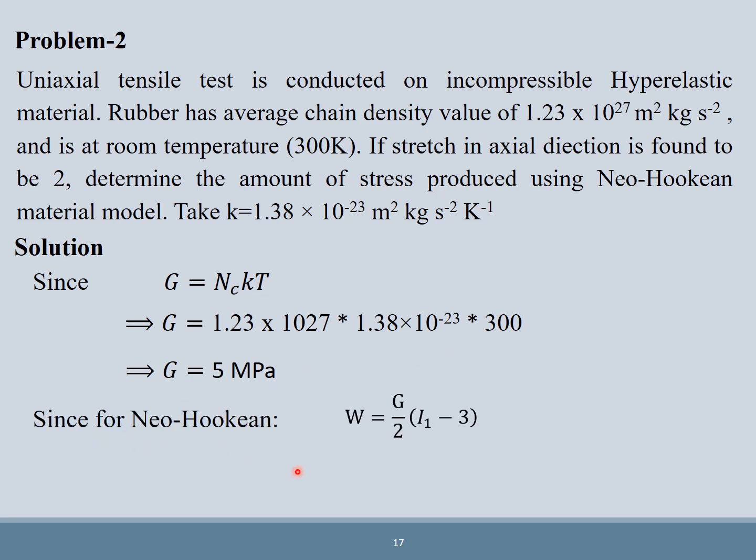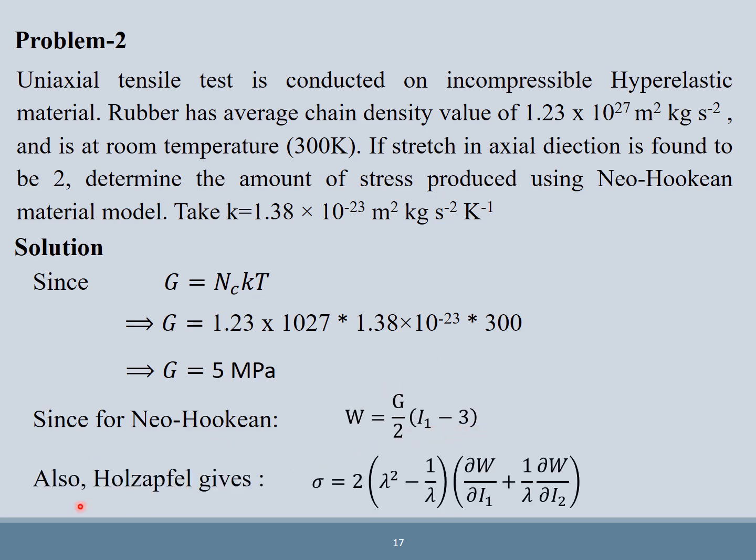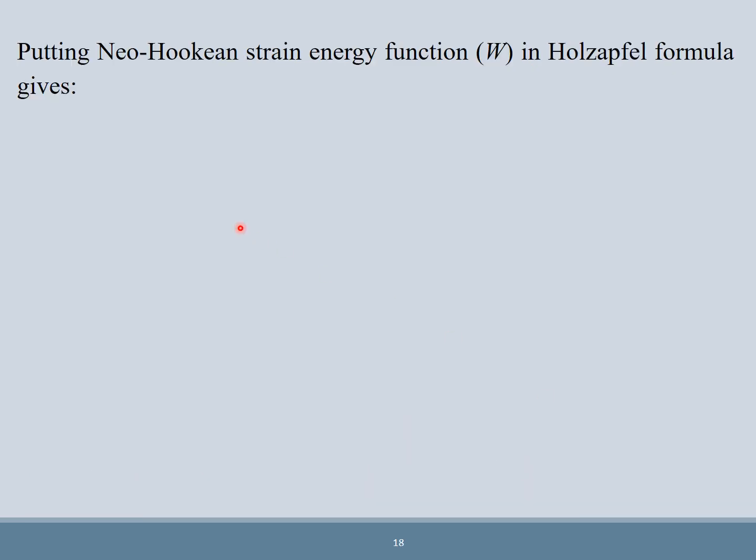Now since for Newtonian W is equal to G by 2 times I1 minus 3, and Hall-Zapfel gives sigma is equal to 2 bracket lambda square minus 1 upon lambda dW upon dI1 plus 1 upon lambda dW upon dI2. So we replace W here and differentiate and simplify. So we get this formula, sigma is equal to G lambda square minus 1 upon lambda.